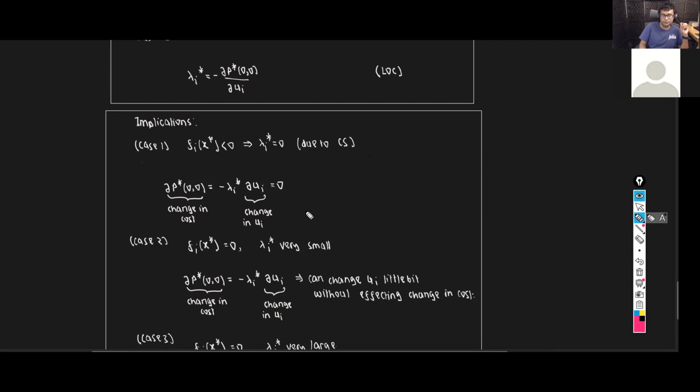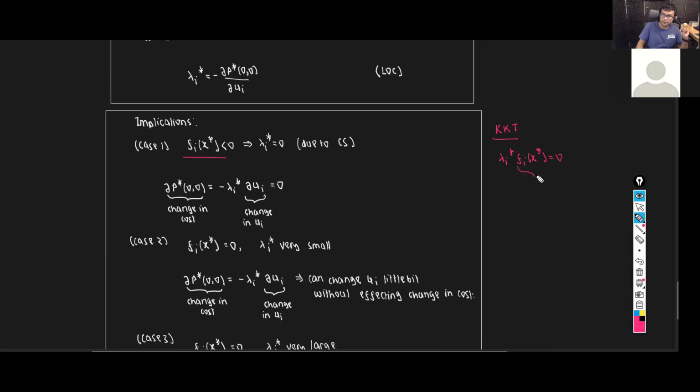The first implication is this: we solve the unperturbed primal problem and we find that the ith inequality, which we are eventually going to perturb, is strictly less than 0. Then from complementary slackness, remember the fourth condition of the KKT conditions was that lambda_i star f_i of x star is equal to 0.